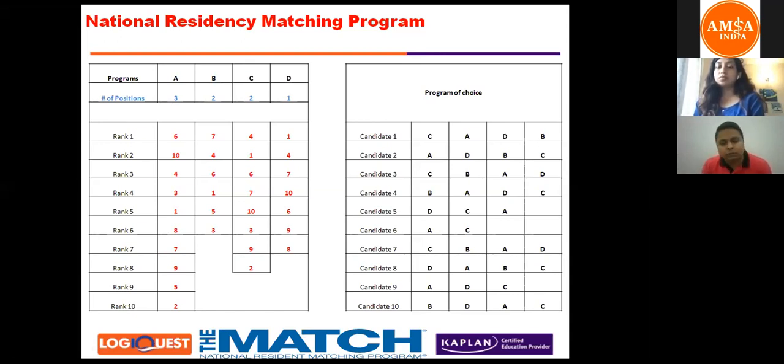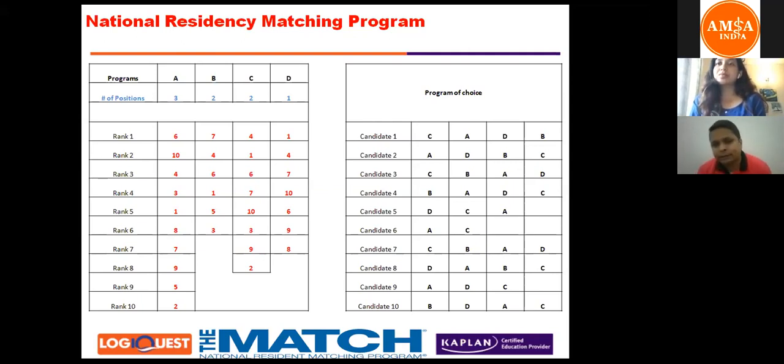Rank number 2, the second best choice, was candidate number 10. At the third position, they had candidate number 4. At fourth position, candidate number 3, and so on. I believe you are understanding what I'm trying to say. On behalf of the students, if you can give me a verbal nod, yes, no, please stop, please explain, please repeat, I will do that for you. Similarly, for B, C, and D universities, this is how they have ranked on the left side of the screen.